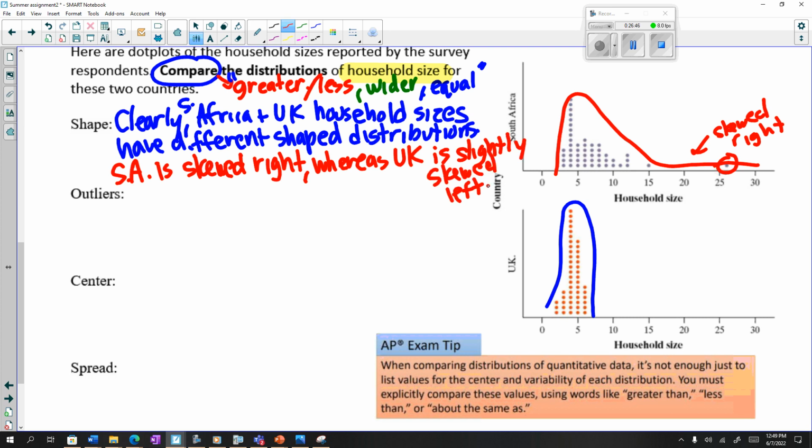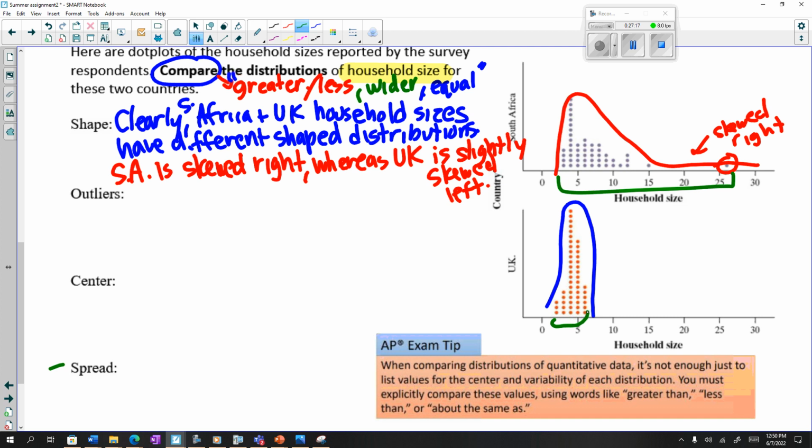It looks like South Africa is way more skewed than UK because South Africa has a much longer tail on the right, and then the UK is kind of more clustered together. And that actually is a clear difference in the spread. So if you go down to spread, it definitely looks like South Africa has a wider range or more variation or variability than UK. UK is a lot more clustered together or more consistent than South Africa.